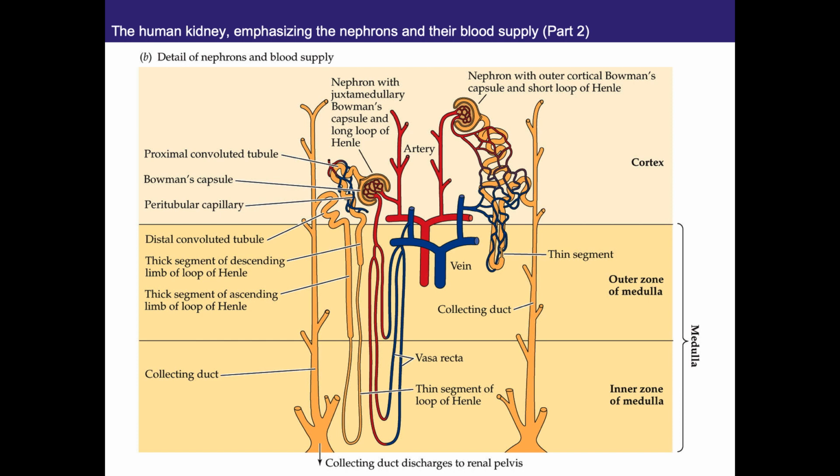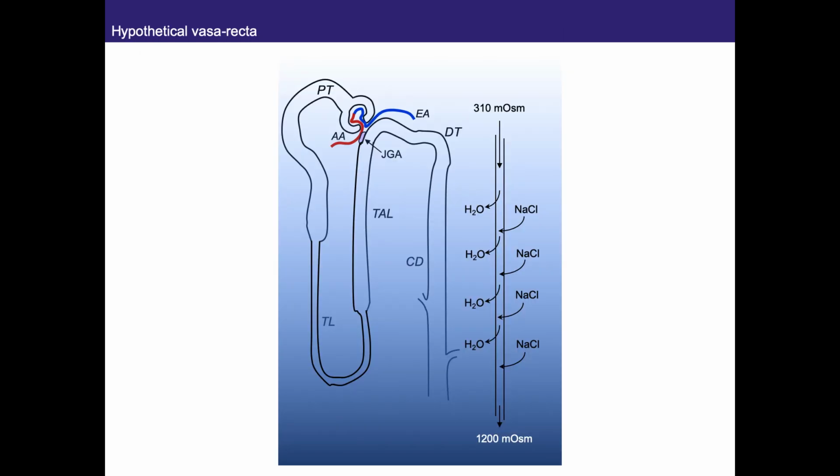All right, so going forward, here you see on the left-hand side the nephron, and here's the loop of Henle, the thin descending loop and the thick ascending loop. Now, this diagram is not the way the vasa recta is organized.